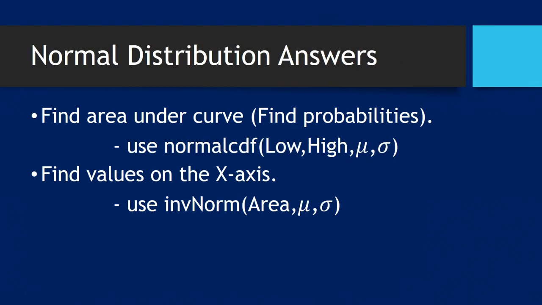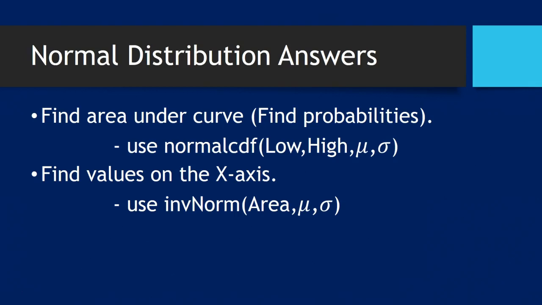And interestingly enough, we are going to have two calculator functions that fit each question. So anytime you're trying to find a probability, anytime you're finding an area under a curve, we're going to use the calculator function normal CDF. Now you can see the inputs there. They're low, high, mean, standard deviation. We'll talk about how to do that on the calculator once we get to that spot.